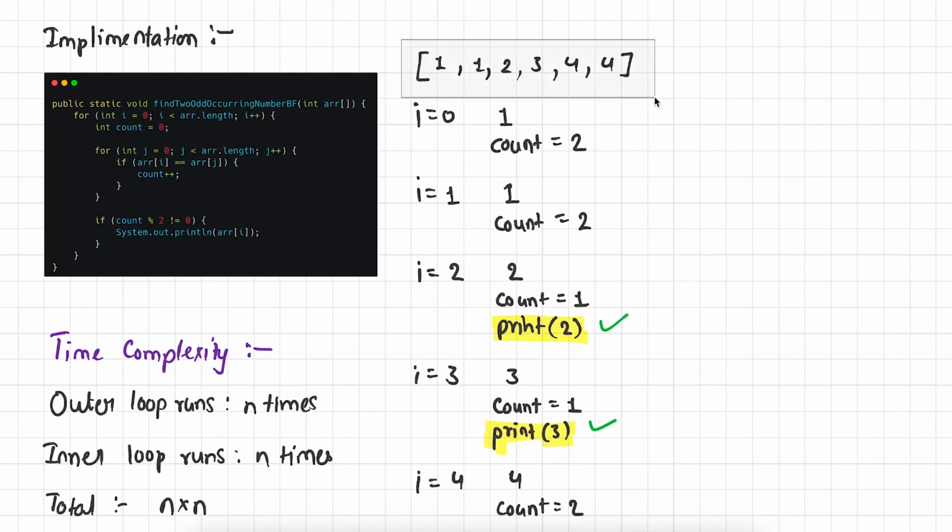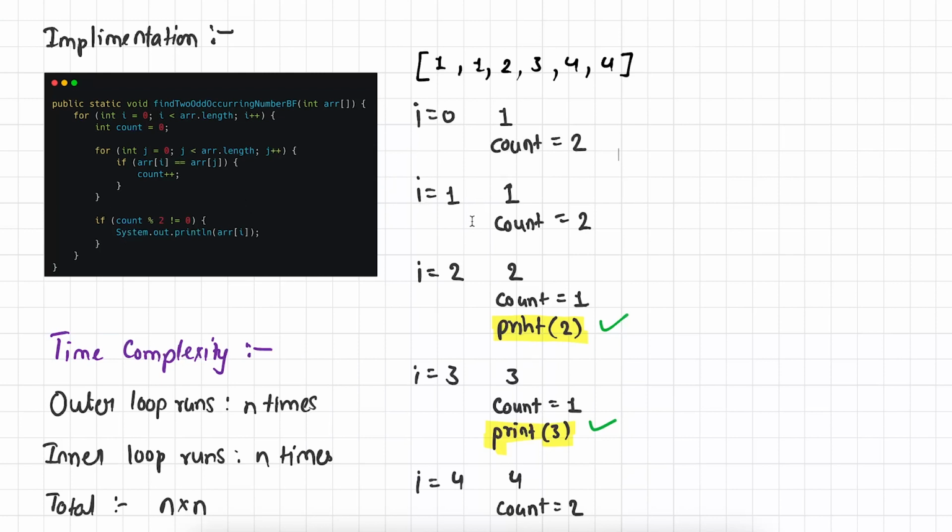In the case of this array, we have elements 1, 1, 2, 3, 4, 4. In the first iteration, the value of i is 0 and the 0th element is 1. So we begin the inner loop and count the occurrences of number 1. We get count as 2, and 2 is not an odd number, so we skip this step and do not print anything.